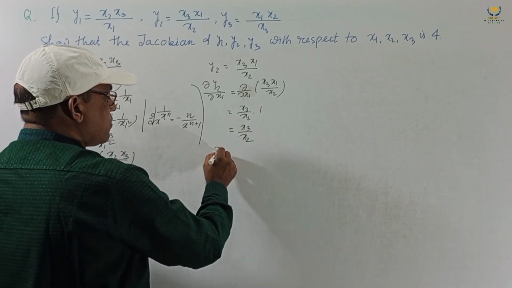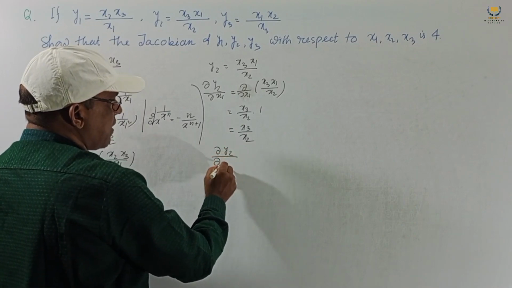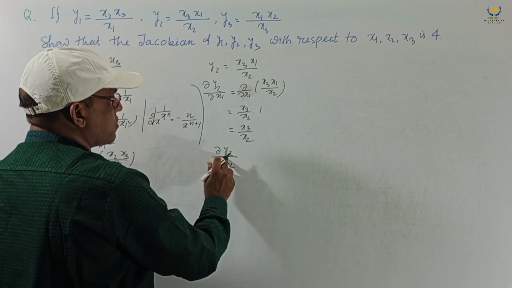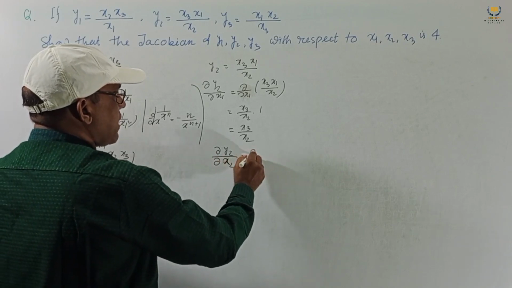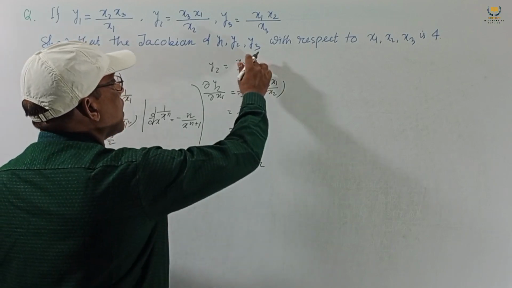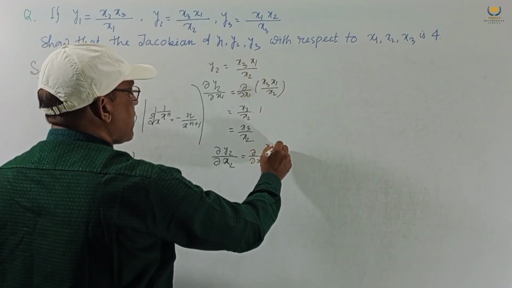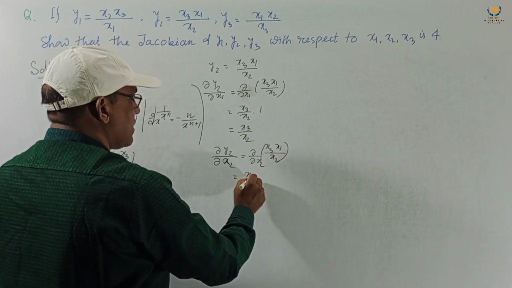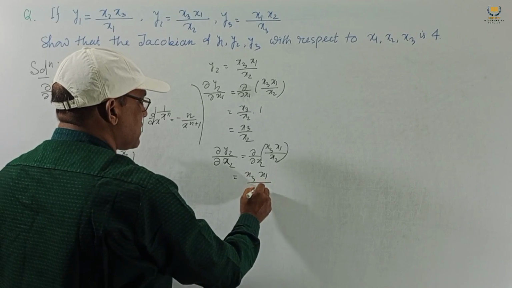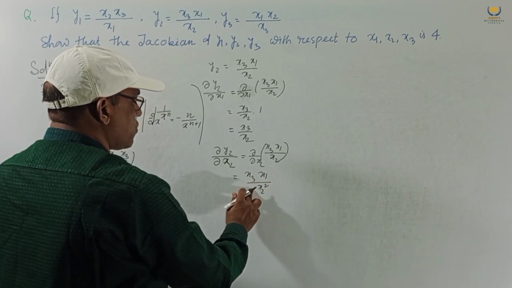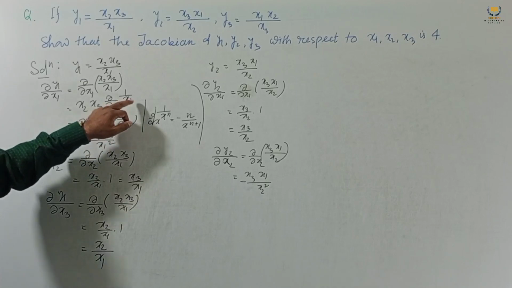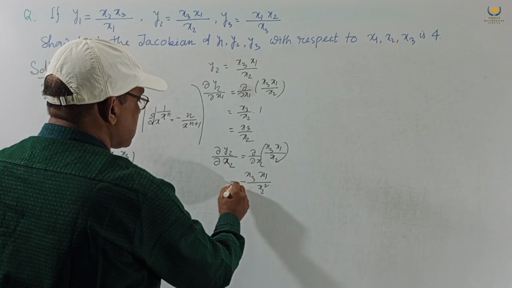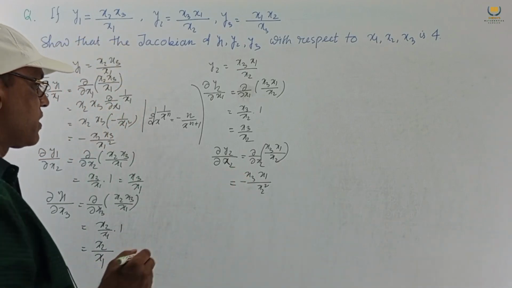Del y2 by del x2: this is x3 x1 by x2, and differentiating gives minus x3 x1 by x2 whole square. So we write minus directly. If we use it this way, then we get this formula. So we get minus x3 x1 by x2 square.